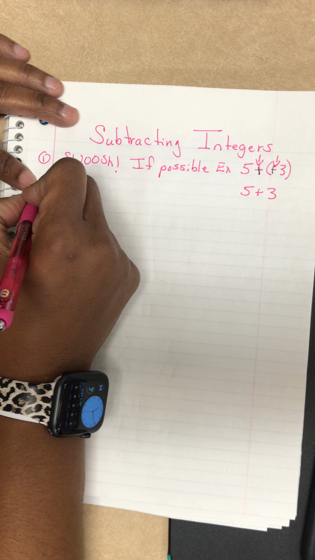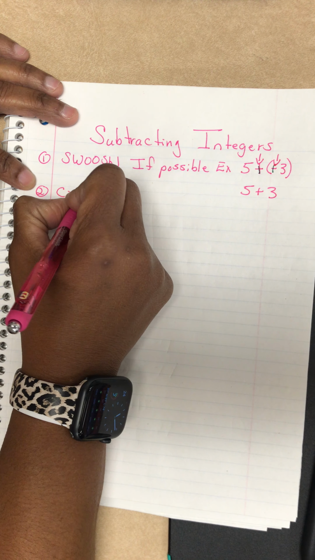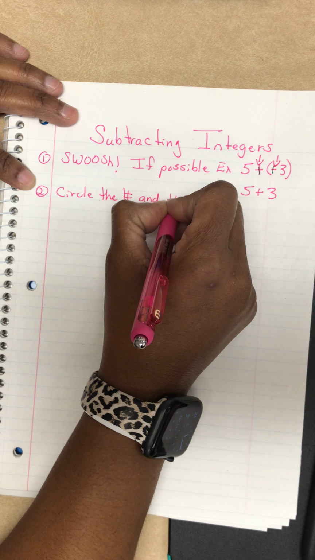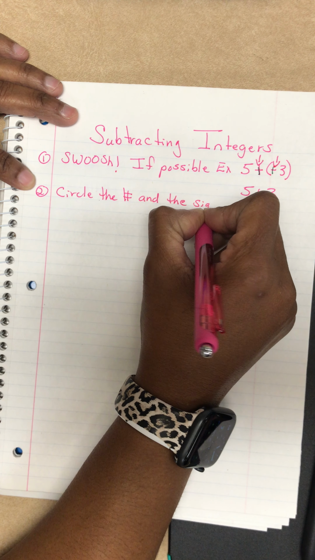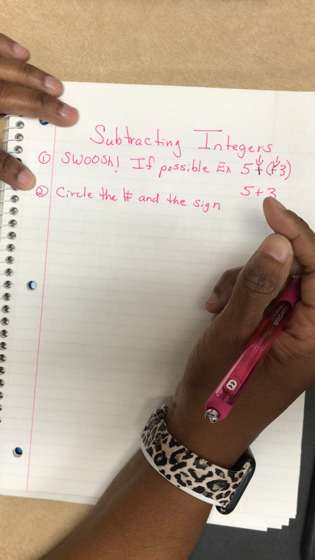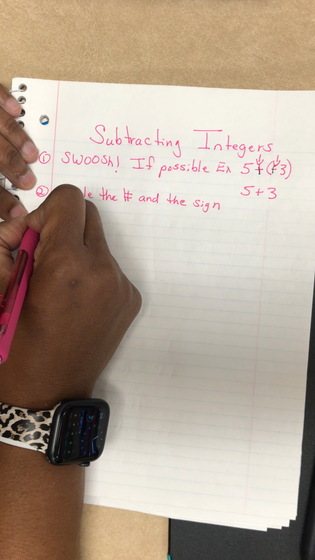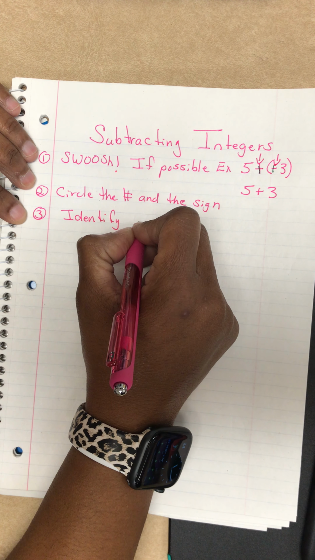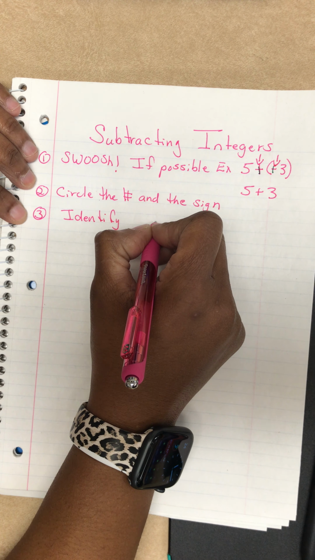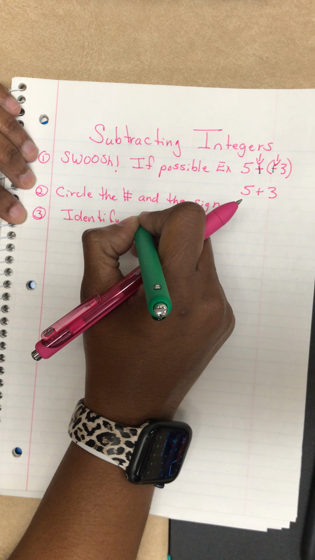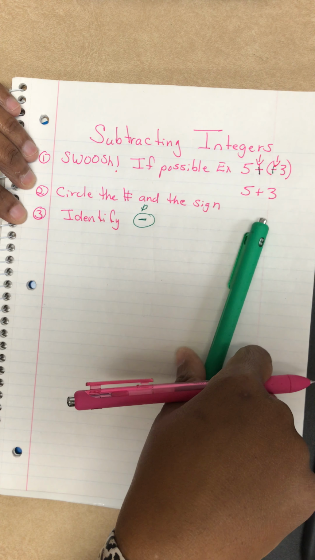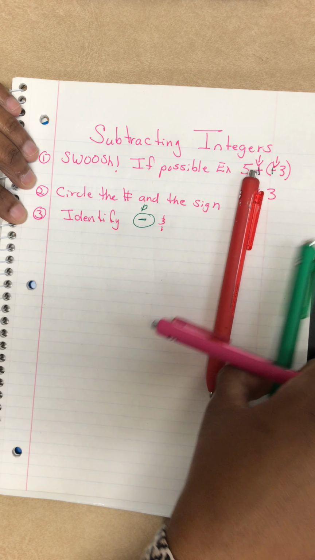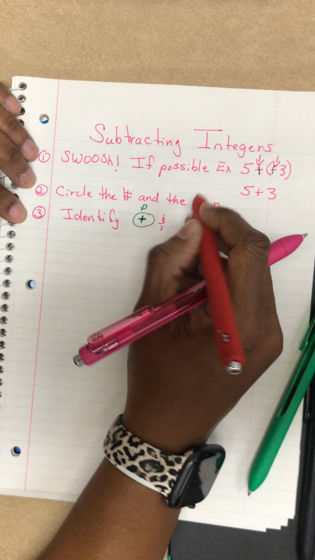Second, circle the number and the sign. You're going to identify them, your positives and your negatives.